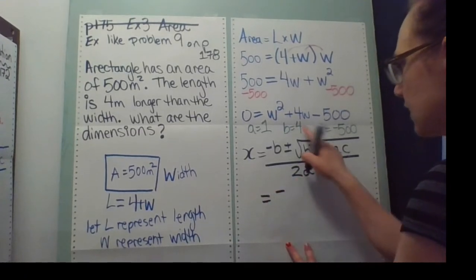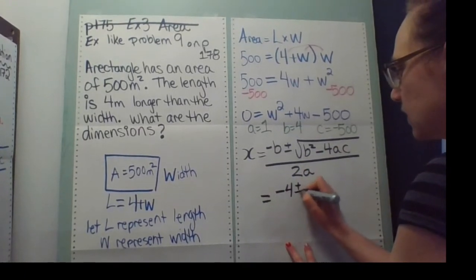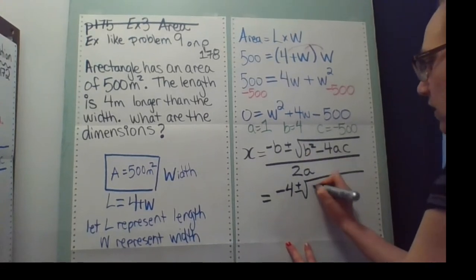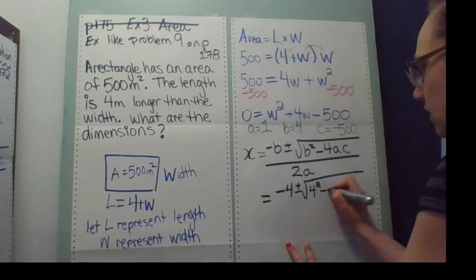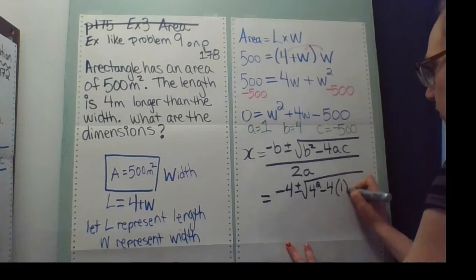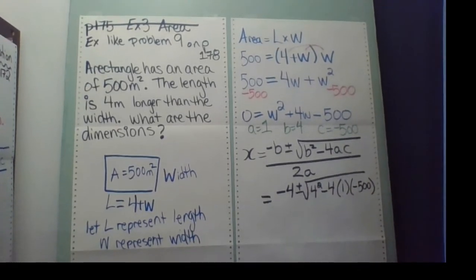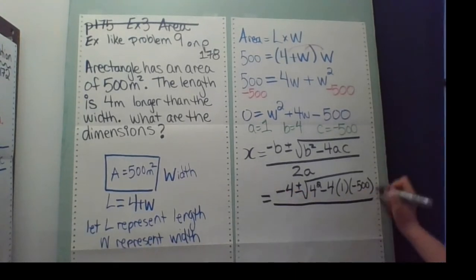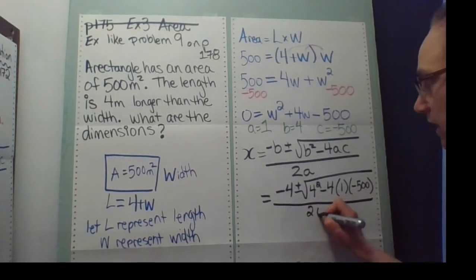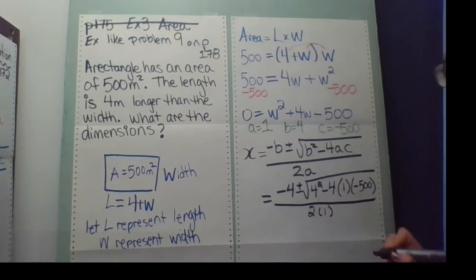Fill it in. Negative b is 4 plus or minus square root b is 4 squared minus 4 times 1 times negative 500. All divided by 2 times a, which is 1. Okay.